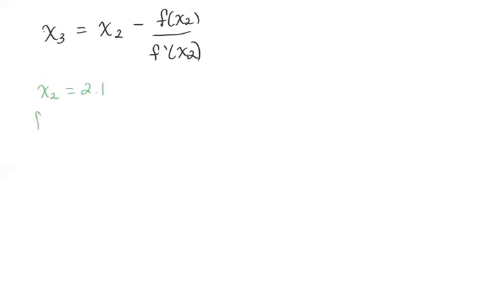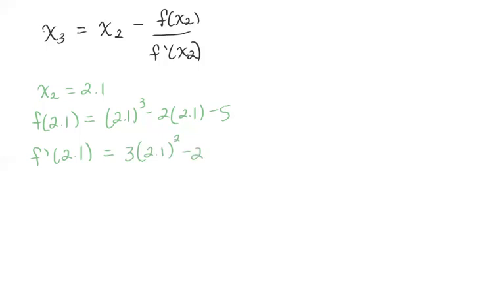F of x2 is f of 2.1. So that is 2.1 cubed minus 2 times 2.1 minus 5. And then I need f prime of x2, which is f prime of 2.1, which is equal to 3 times 2.1 squared minus 2.